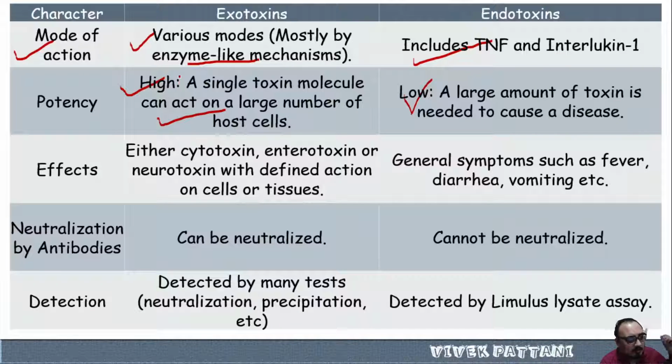A single toxin molecule can act on a large number of host cells. As I told you, exotoxins are required in very low quantities, whereas endotoxins are required in large quantities to cause a disease.